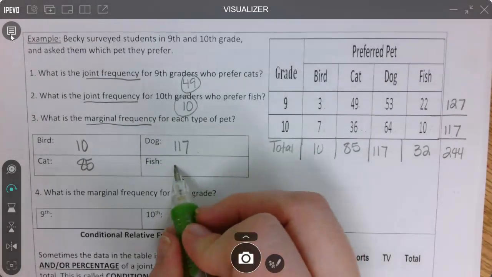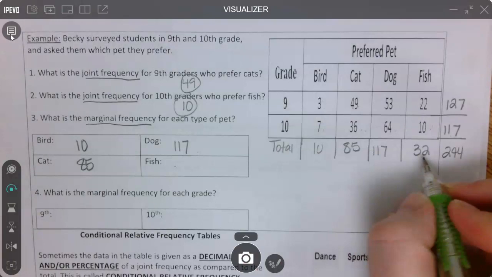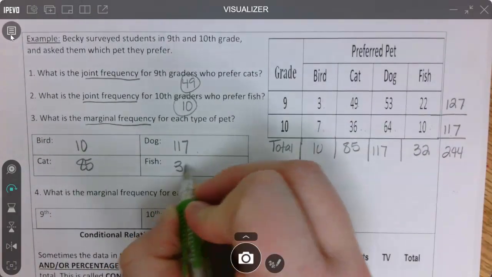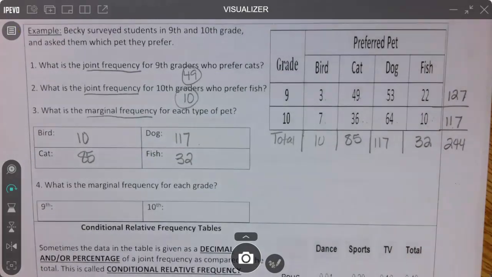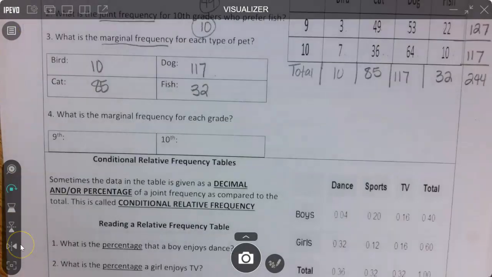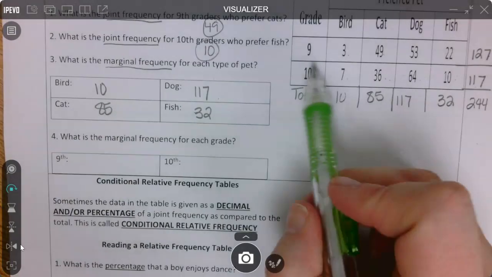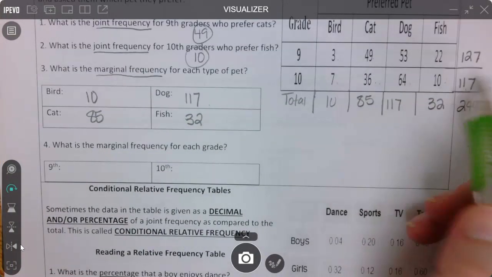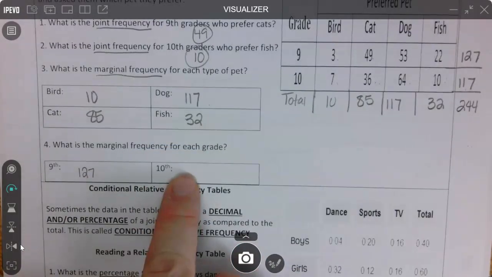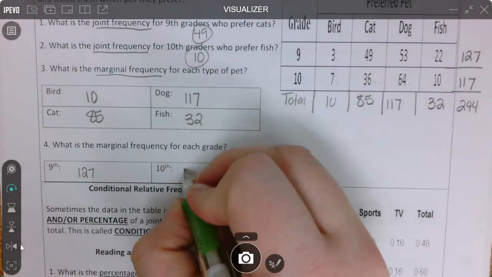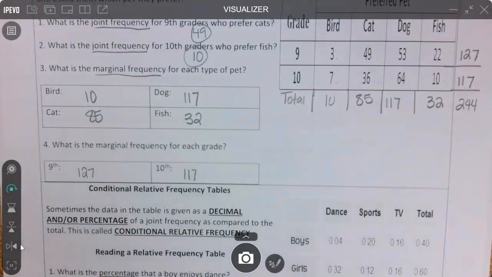The total for fish looks like we had 32. So then it says, what is the marginal frequency for each grade? So the total amount of 9th graders, we had 127. The total amount of 10th graders we had was 117.